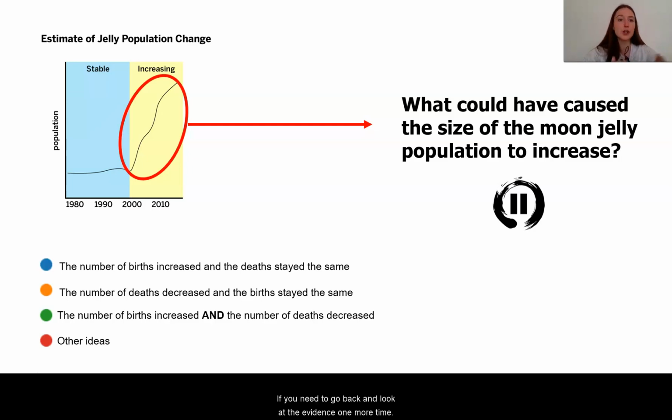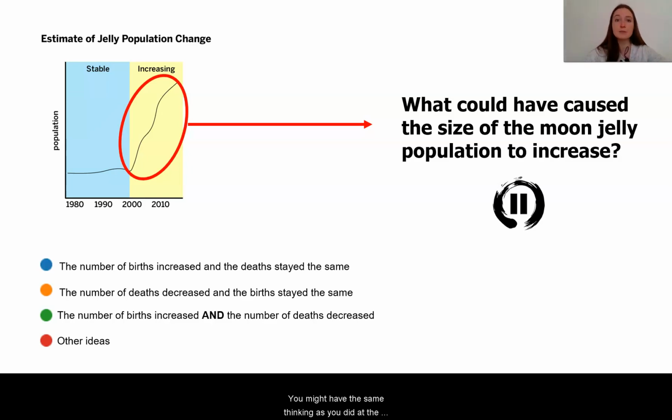If you need to, go back and look at the evidence one more time. And then I want you to write or draw, whatever works for you. You could find somebody to check in with, call that friend, find that family member, or somebody around the house to check in with. And I want you to reflect on what your thinking is right now.